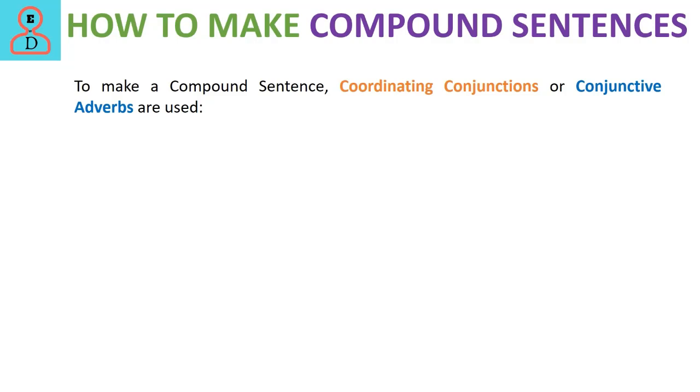In order to make a compound sentence, coordinating conjunctions or conjunctive adverbs are used. The most commonly used coordinating conjunctions are and, so, but. These are very common and easy to use, hence we will not go into detail of these words.